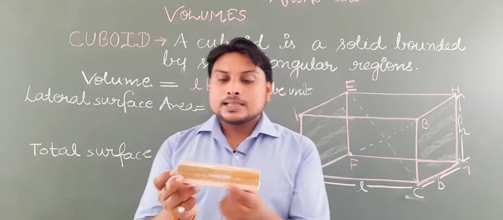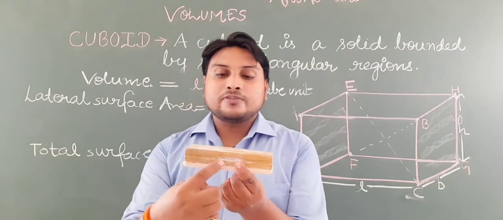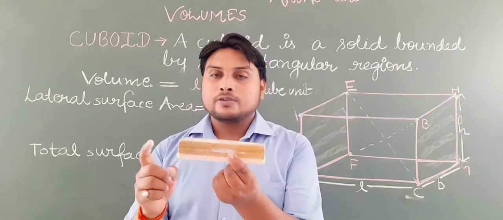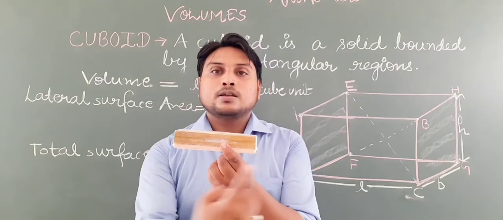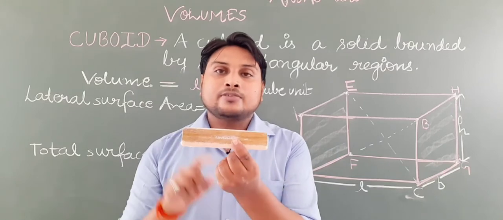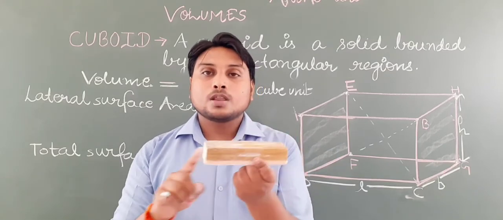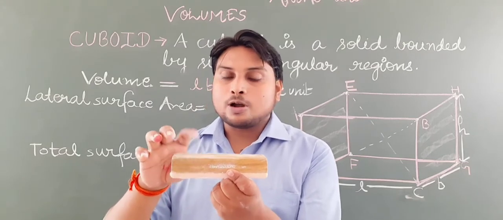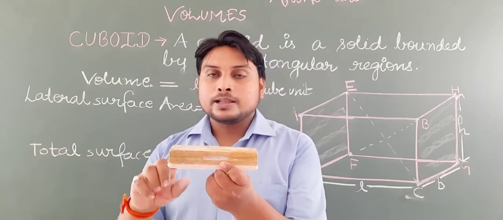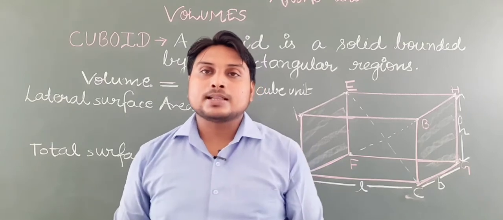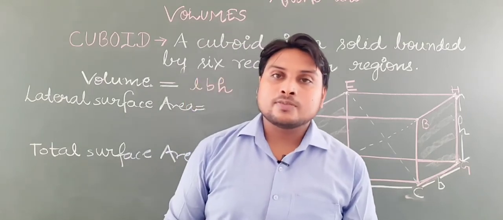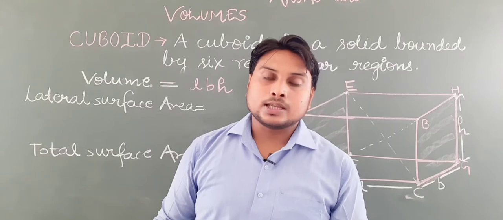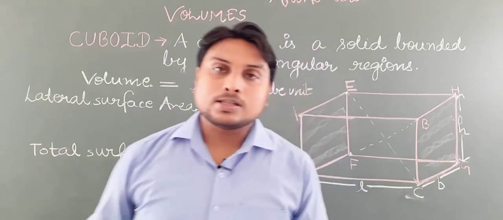It means that only 4 surfaces will be left. One is this, one is this, one is this, and one is this. If we exclude the area of top and area of bottom, then 4 surfaces will be left, and that will be the lateral surface area.